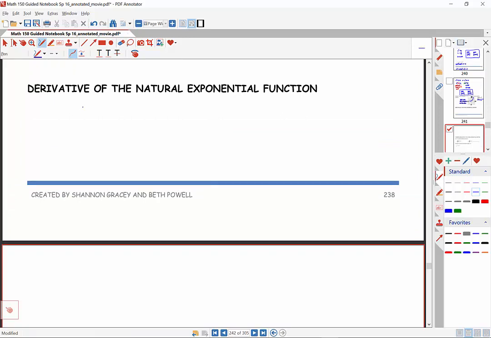We know that if you have y equal to e to the x, that's true if and only if, IFF means if and only if, natural log at y is equal to x. Good so far?